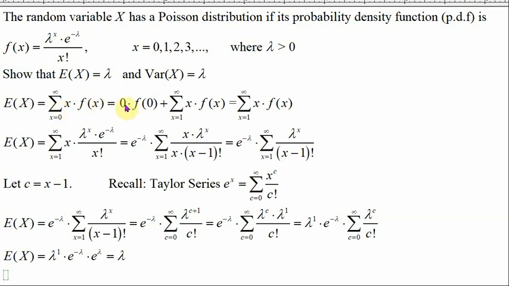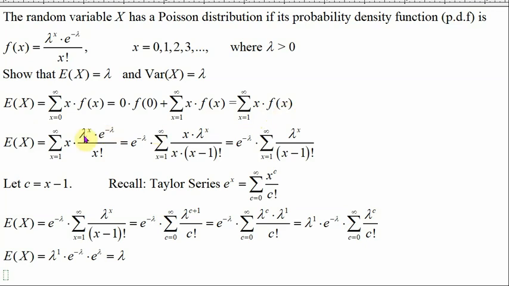And then I'm going to write out the first term when x is 0, and then we get 0 times f of 0, plus the sum starting with x equal to 1. And then we can see that this is 0. And therefore the expected value of x is just the sum with x starting at 1, of the expression x times f of x.